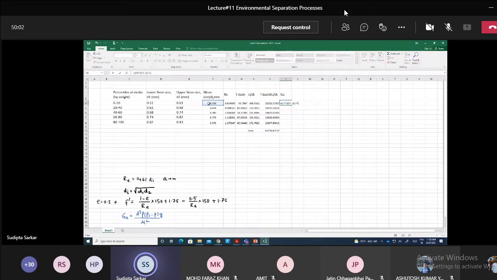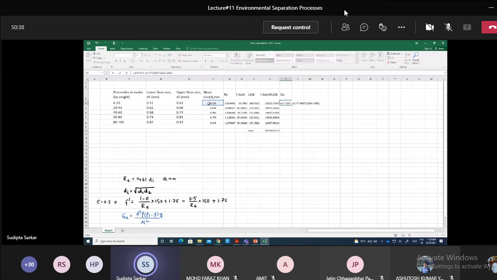So this is d cubed, and now into rho. Rho is how much? 1000, right? 1000 multiplied by rho s minus rho w. What is rho s? Rho s is 2650, right? So we will write 2650 minus rho, which is 1000. And then you have to multiply.